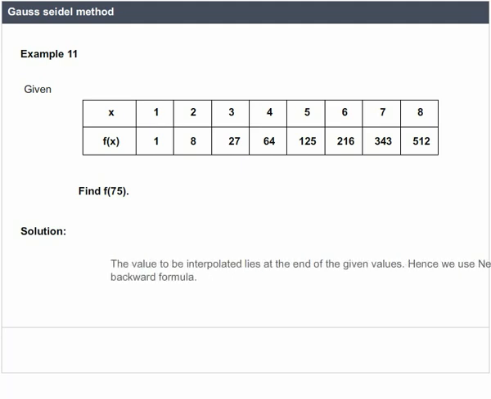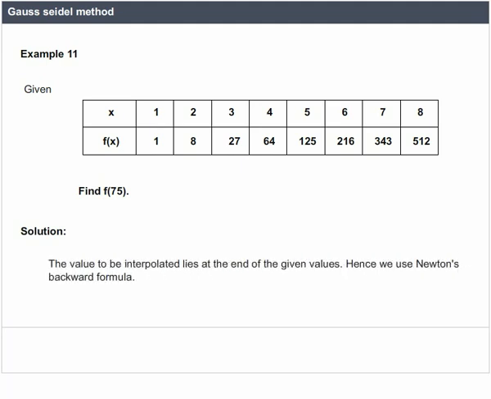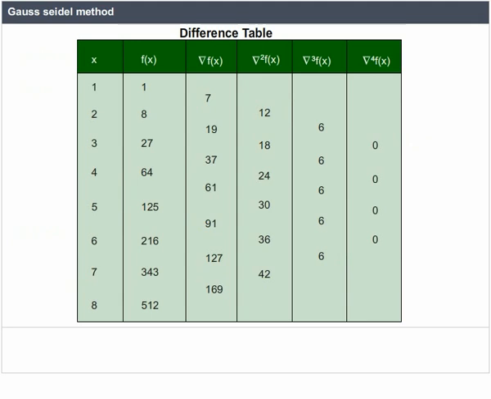Example 11. Given, find f(7.5). Solution. The value to be interpolated lies at the end of the given values, hence we use Newton's backward formula. Difference table: x, f(x), Δf(x), Δ²f(x), Δ³f(x), Δ⁴f(x). X follows the values 1, 2, 3, 4, 5, 6, 7, 8. F(x) follows 1, 8, 27, 64, 125, 216, 343, 512.